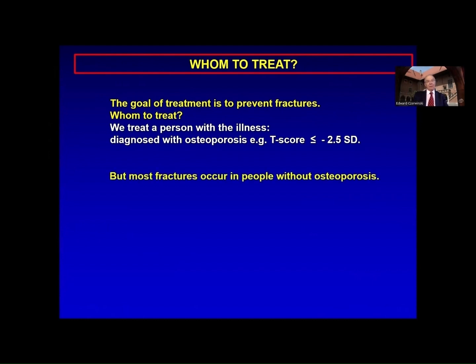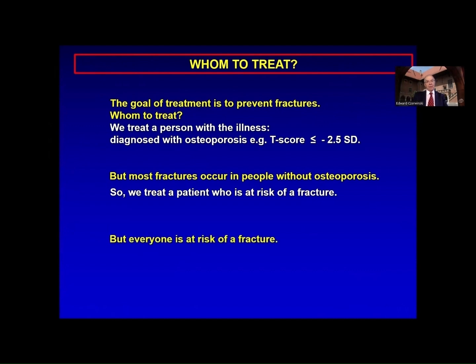But we know that the majority of fractures occur in people without osteoporosis. So we treat the patient who is at risk, because the fracture is the issue of osteoporosis.